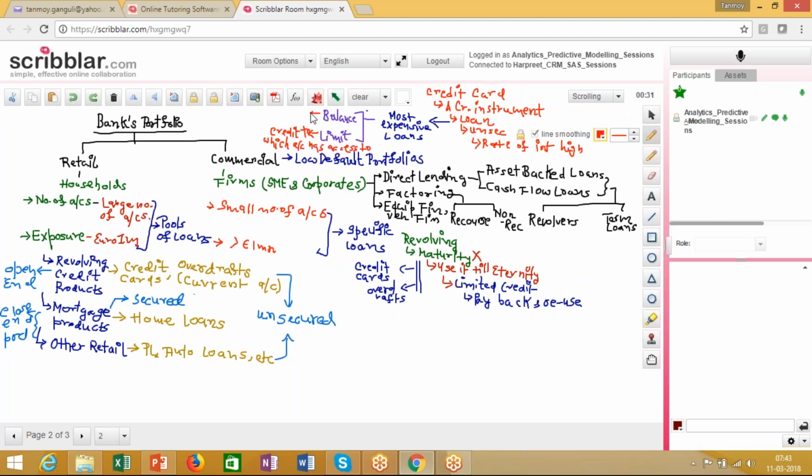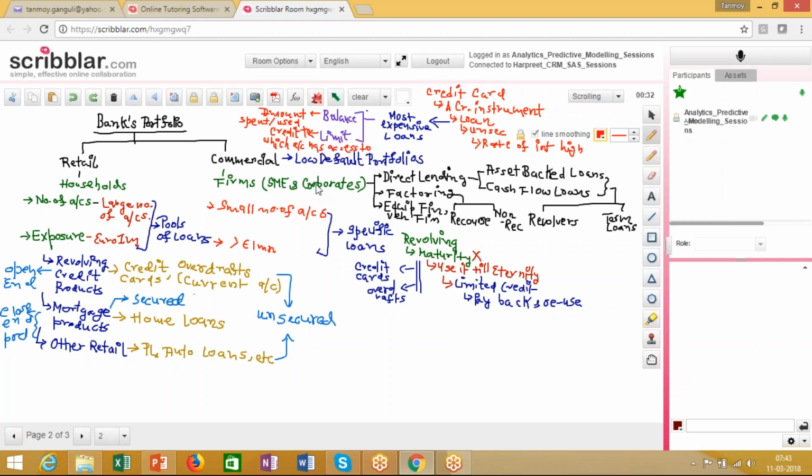And balance is the actual expenditure that you make, or the amount spent or used on the card. Right? So these are the two most important characteristics.